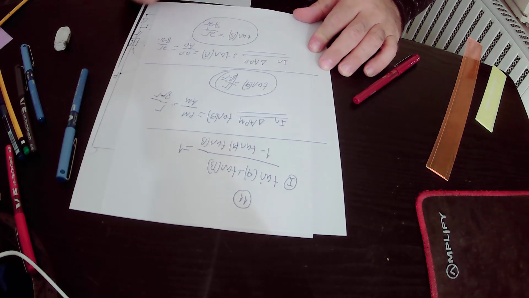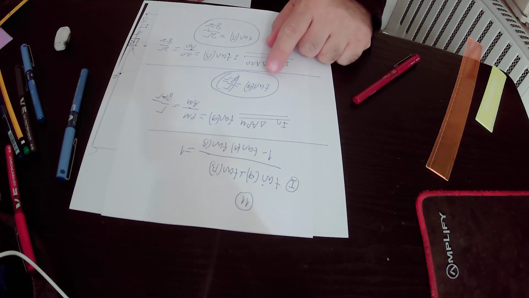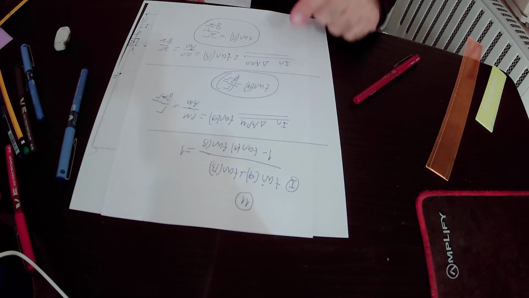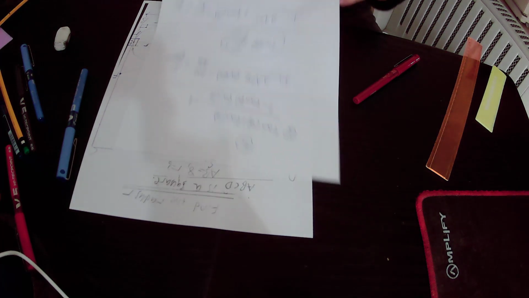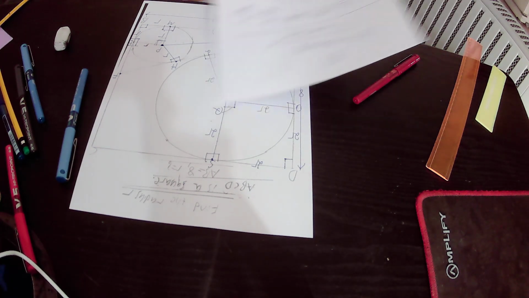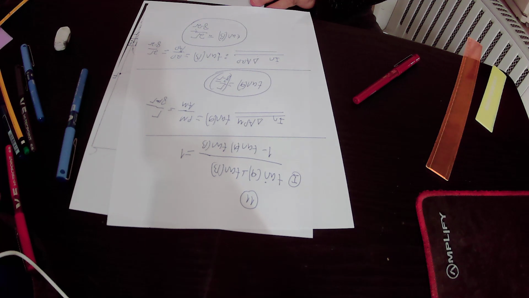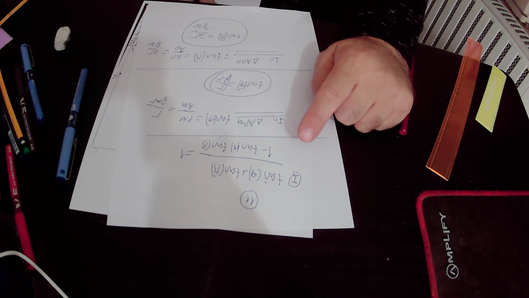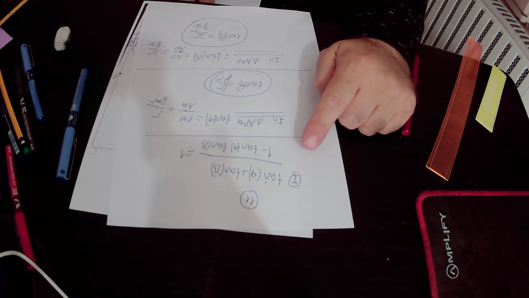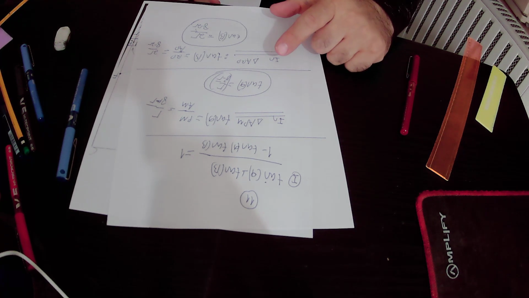And we have already found out that tangent alpha equals R over 8 minus R. So, as I already said, we will substitute the values of tangent alpha and tangent beta in equation number 1 by those two values.